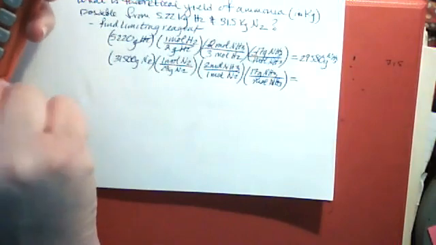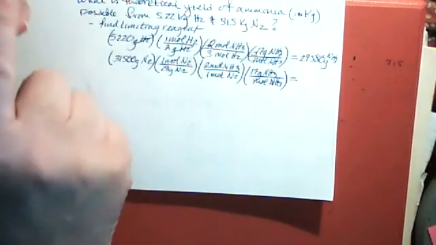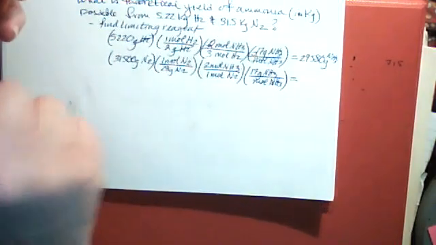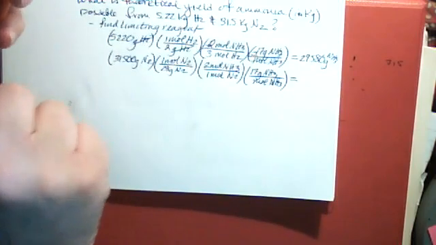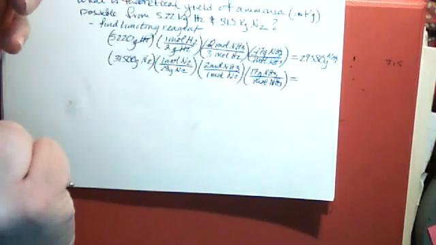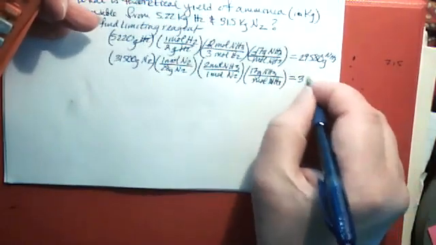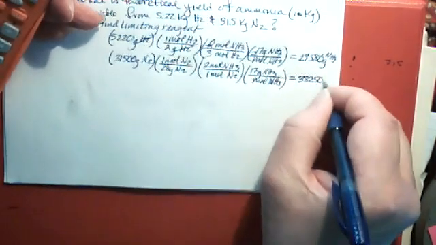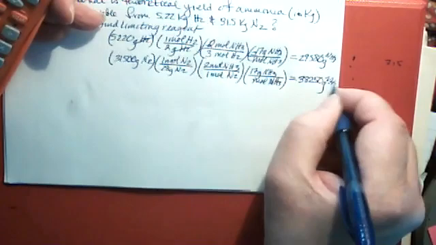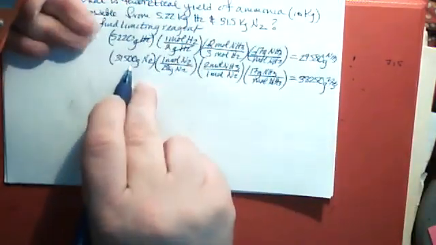Okay, 31,500 divided by 28 times 2 times 17 gives us 38,250 grams of NH3 based on the nitrogen.